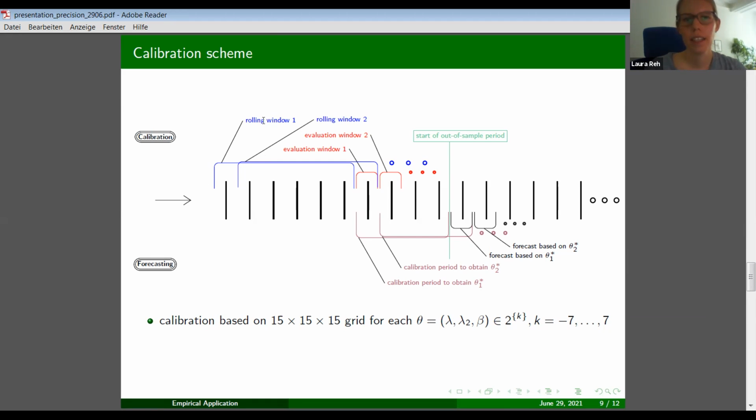And we do that by, say, starting with a rolling window of 1,250 observations. We make out of sample forecast comparisons for evaluation for the next 21 days. We go 1 month into the future, we repeat this exercise, and so on, until we have reached 1 year of out of sample observations. And then out of all parameter constellations, we use a grid of 15 times 15 times 15 for our 3 parameters.